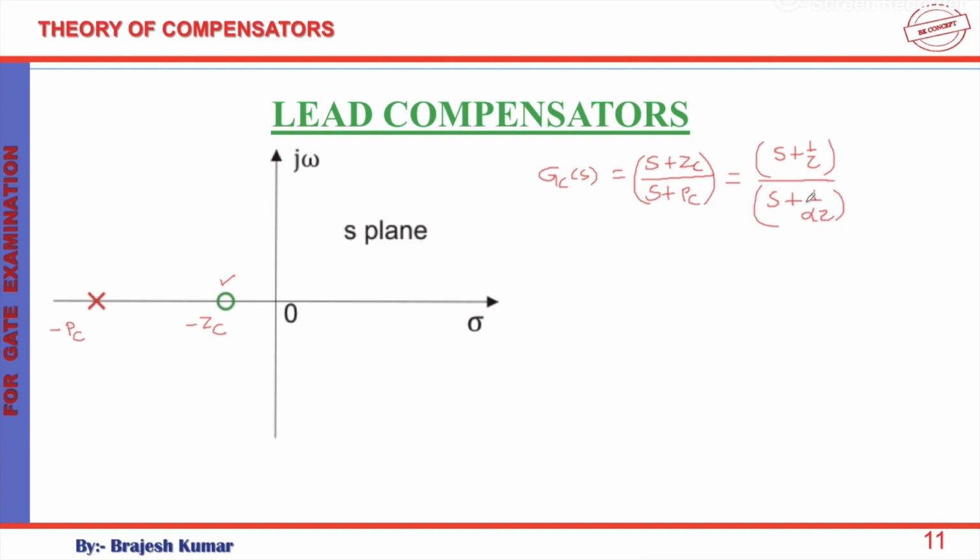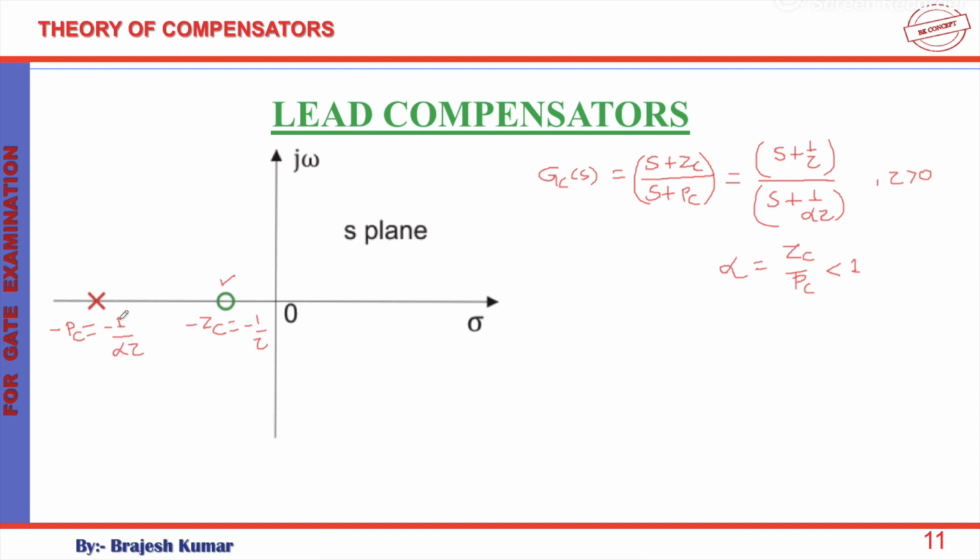where tau is a positive quantity, tau greater than 0, and alpha will be equal to zc by pc, and that is less than 1. Since alpha is less than 1, this pole will be far away from the j omega axis, and hence we can say that minus zc will be equal to minus 1 upon tau, and minus pc will be equal to minus 1 upon alpha tau.